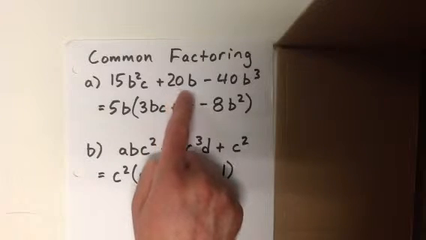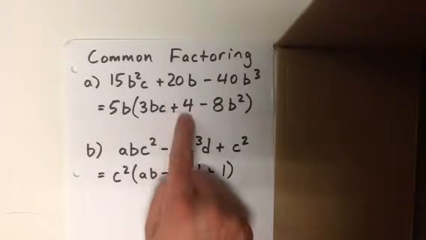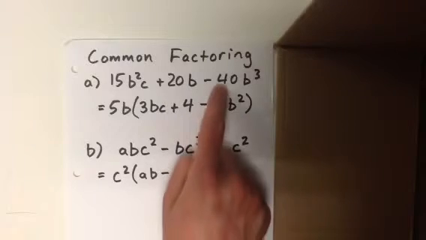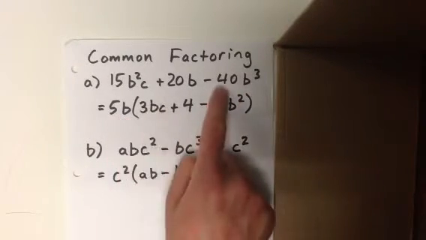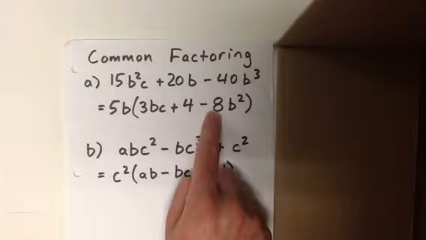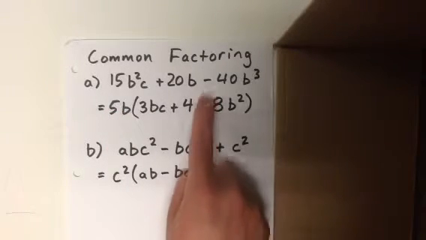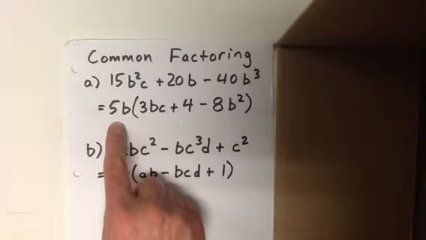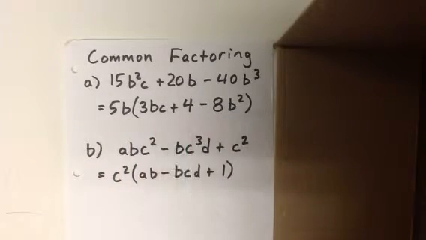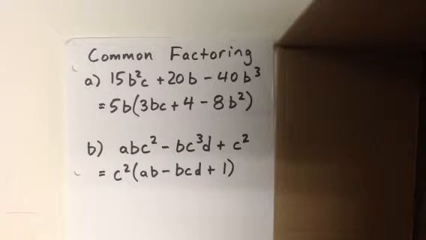Next, we've got 20b. We divide by 5b and we get 4. And finally, negative 40b cubed divided by 5b. 40 divided by 5 is 8, so it becomes negative 8 with the minus sign in front. b cubed divided by b is b squared. So we have 5b times 3bc plus 4 minus 8b squared.